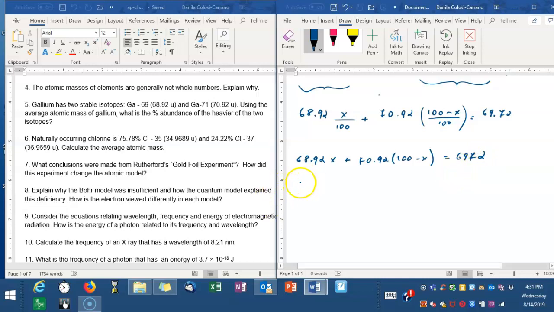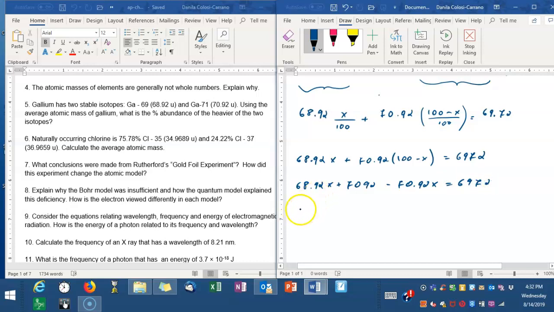And then you have 68.92x plus 70.92 minus 70.92x equal to 69.72.